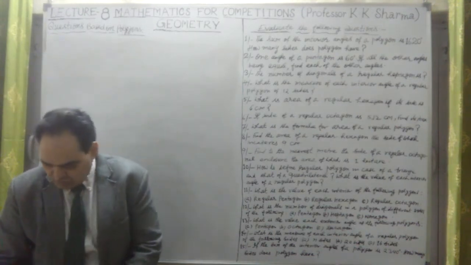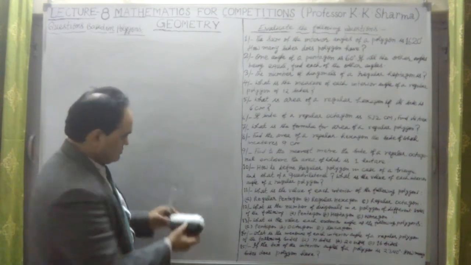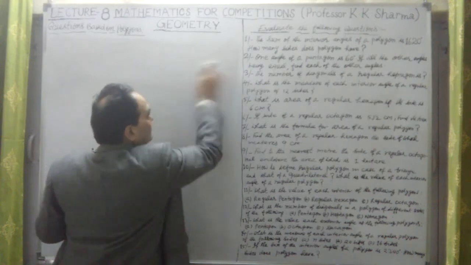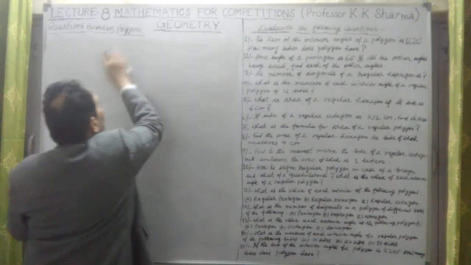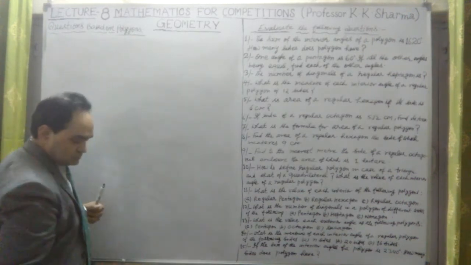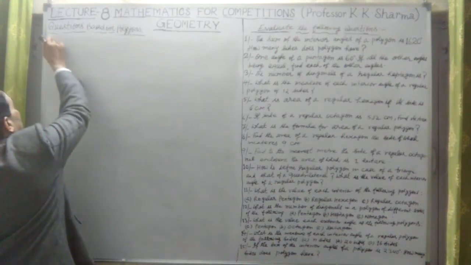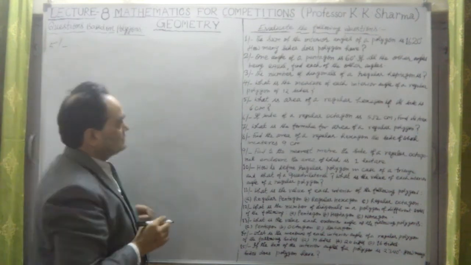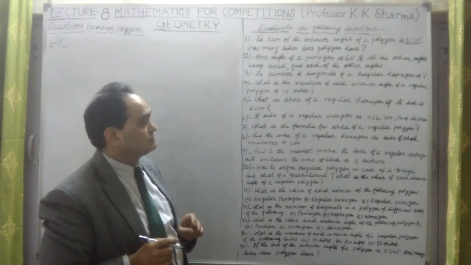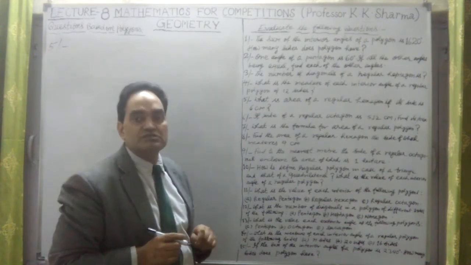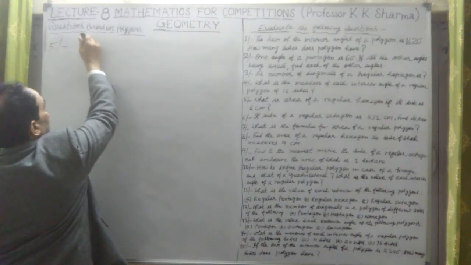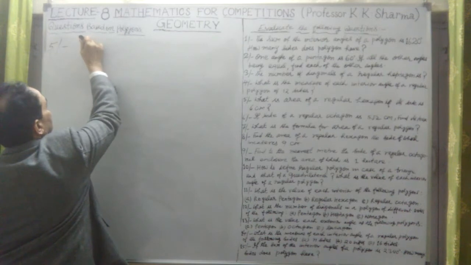Question number 5. Now these are questions based on polygons. The fifth question says, what is the area of a regular hexagon if its side is 6 centimeter? So what is given to us?